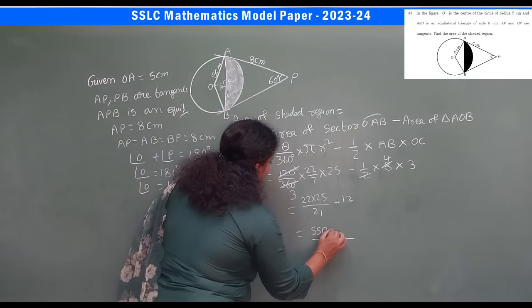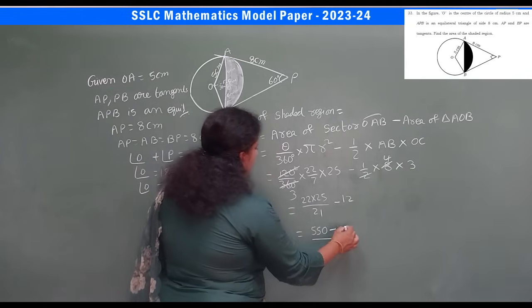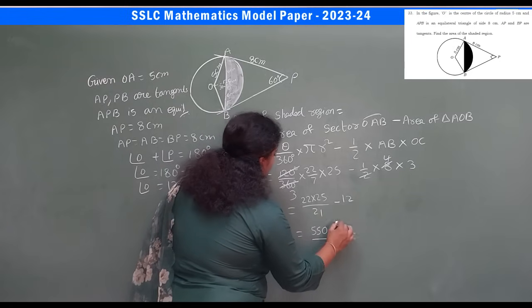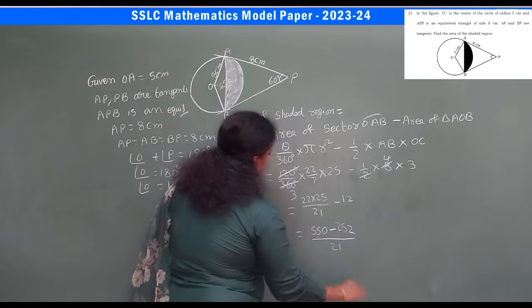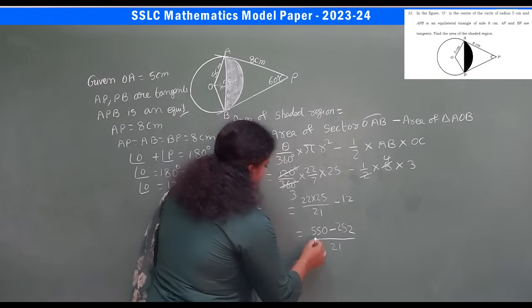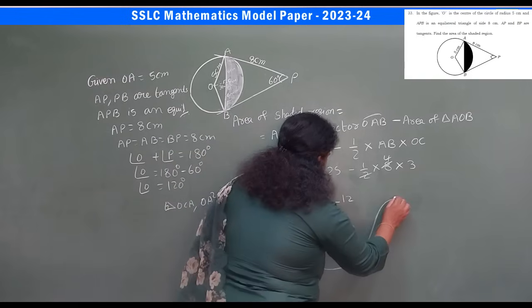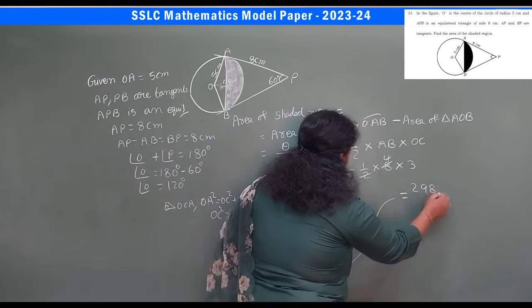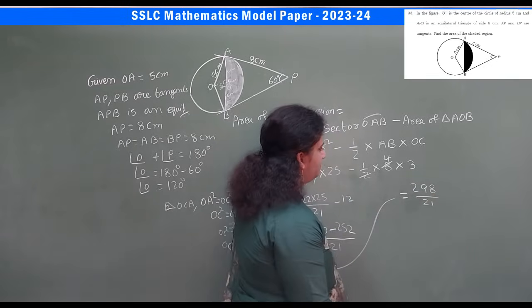Do LCM: 12 7s are 84, so minus 252 by 21. 550 minus 252 will be 298 divided by 21.